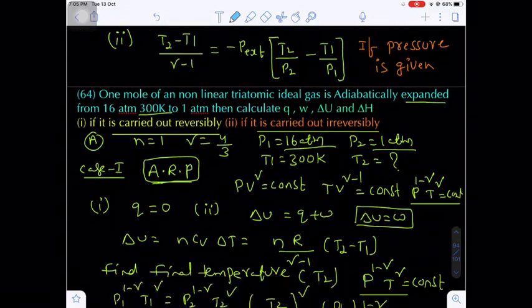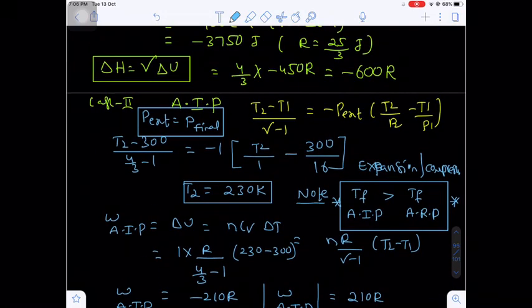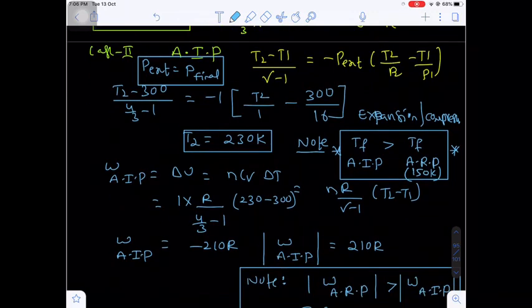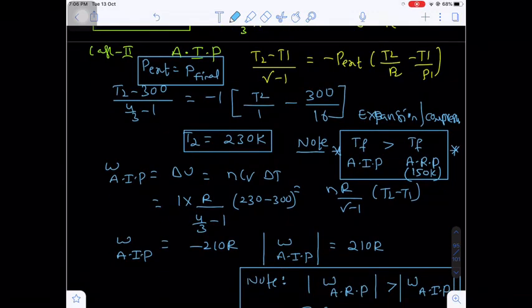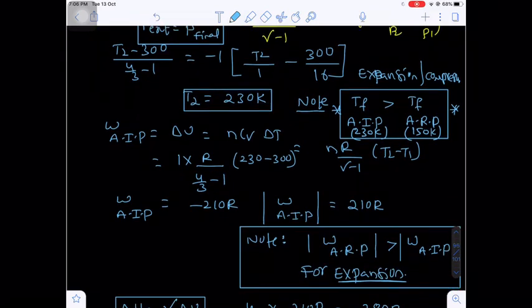Case 1 is the adiabatic reversible process, and its final temperature will be 150 Kelvin. Whereas in the adiabatic irreversible process, the final temperature will be 230 Kelvin. So which temperature is higher? In the adiabatic irreversible process, the final temperature is higher. This is one important note.